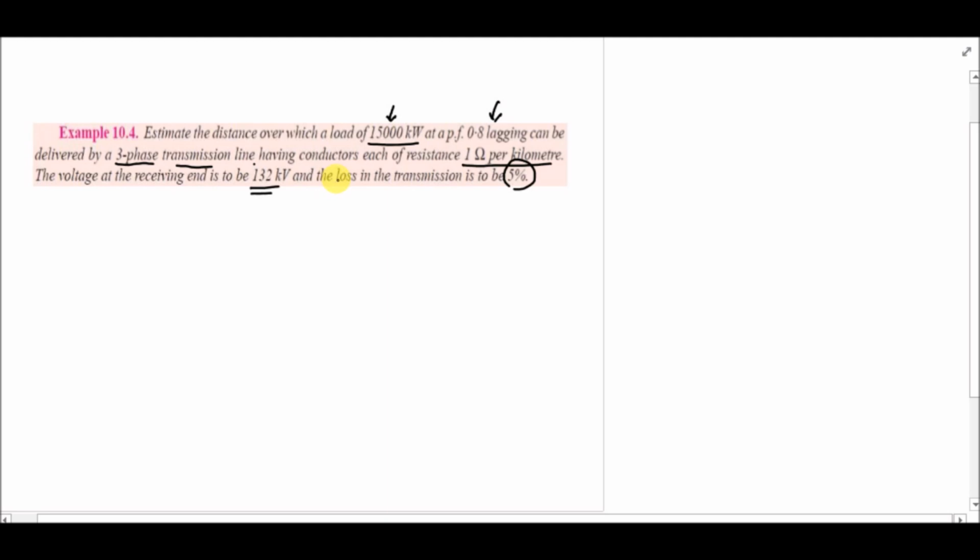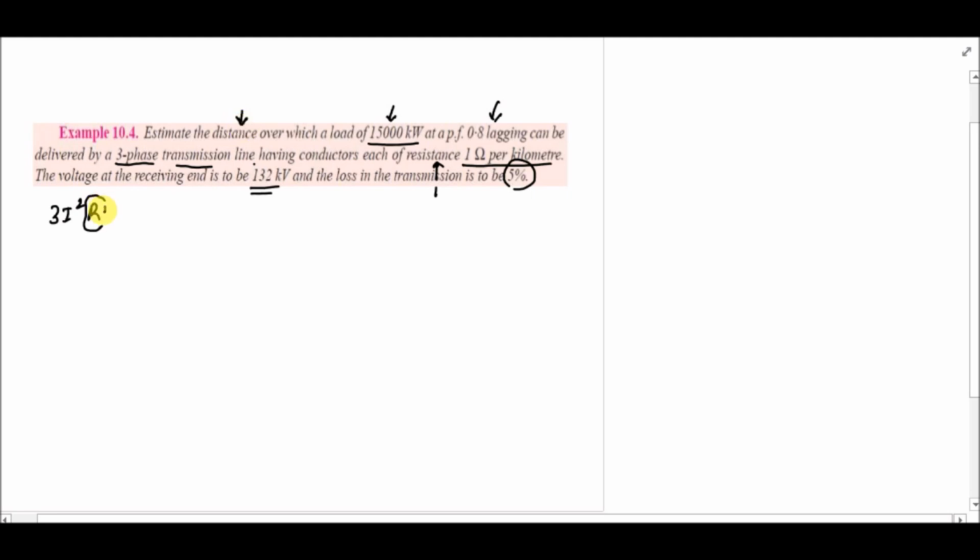So first we have to find a formula that has resistance value in it, because the distance is directly related to resistance. And we know that there is one formula which has resistance in it, which is the losses formula. So 3I square R. So if we know this resistance value, we can easily calculate the distance of the line.